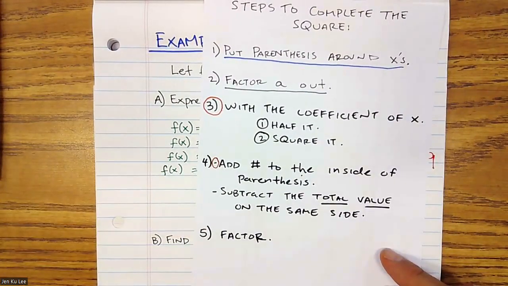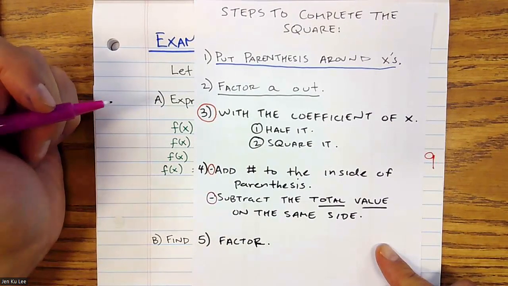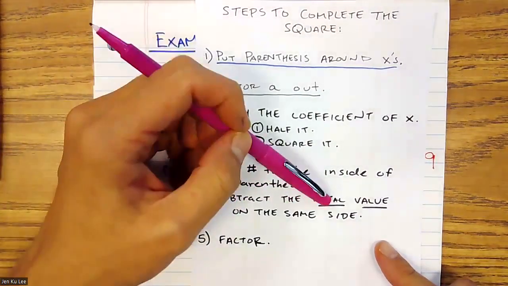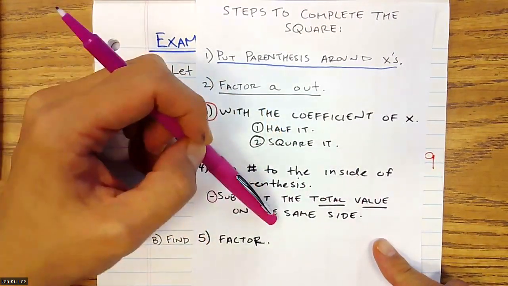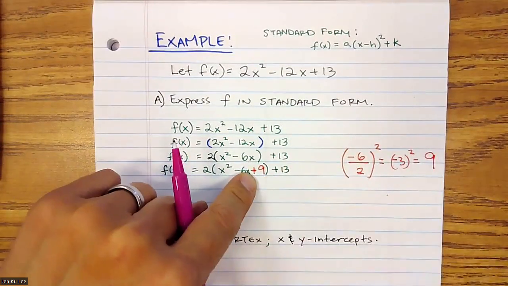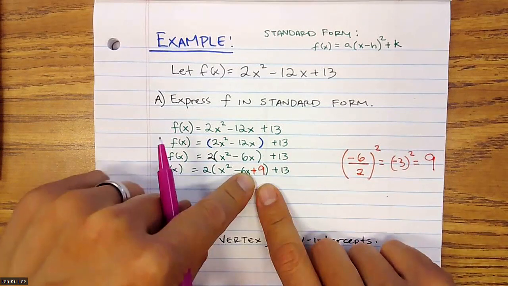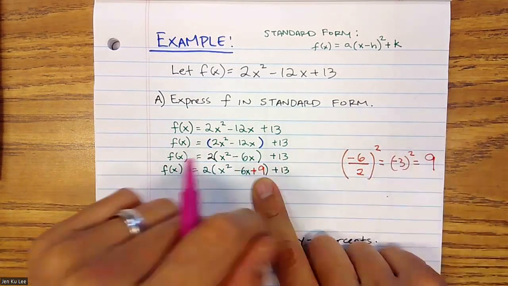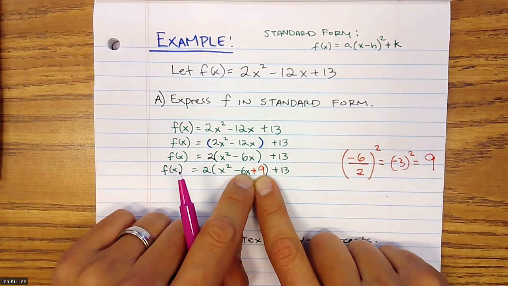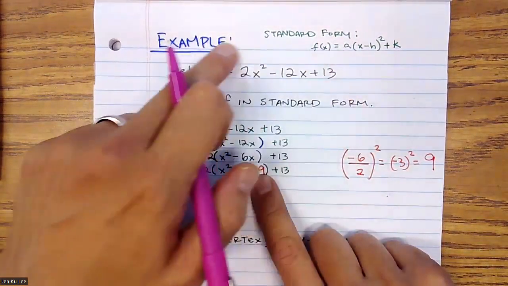And in another color, okay, in this magenta color, I'm going to subtract the total value on the same side. Because I added 9 here, and why the reasoning behind subtracting the total value, because I added 9 here, I changed the whole equation.